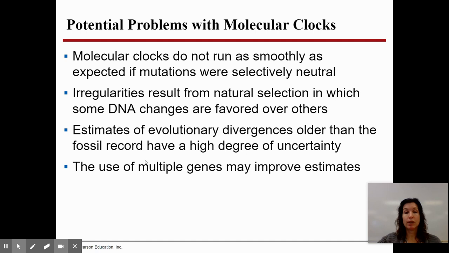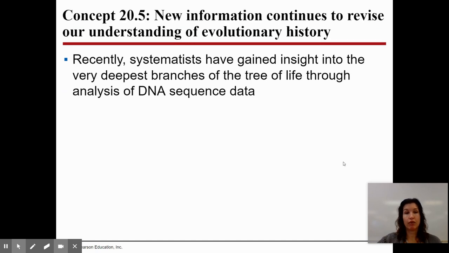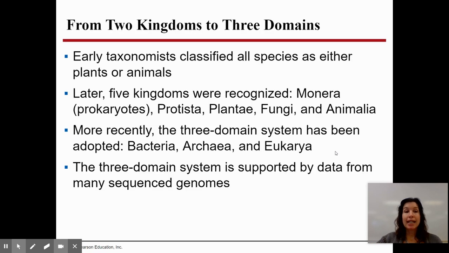A lot of times then they'll use multiple genes, and that can improve estimates. Best data to use when constructing a phylogenetic tree is similarities in DNA or amino acids. That is data that we have, it's specific. So if we have DNA or amino acid data of how similar or different DNA sequence is, we use that.